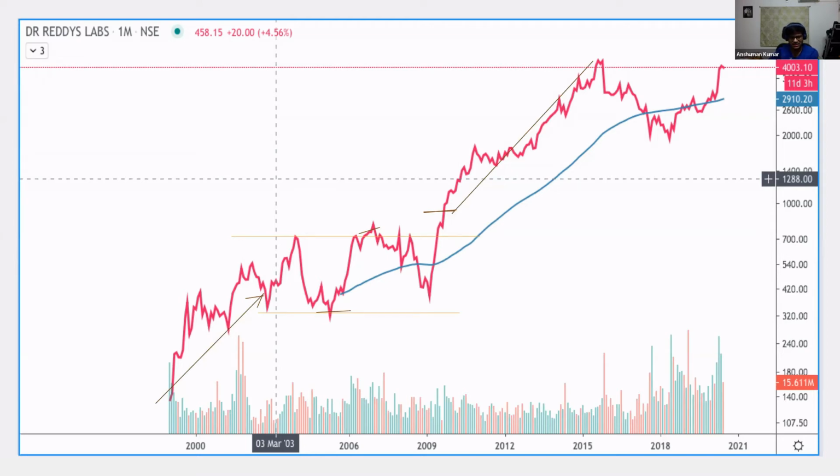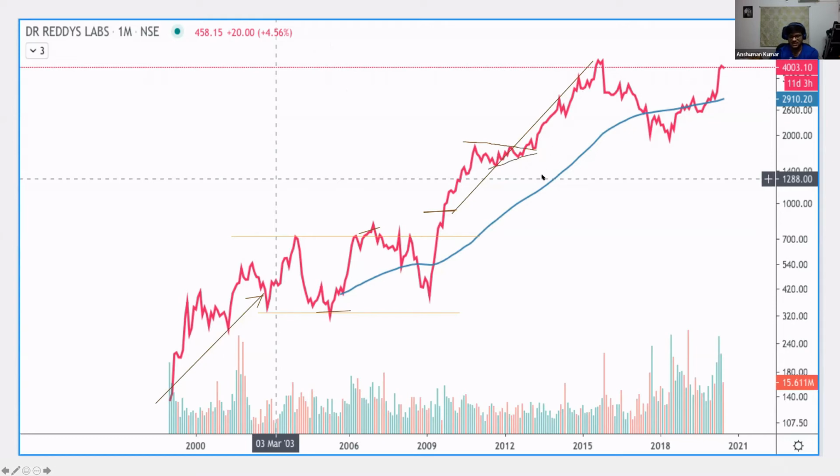So you have a monthly chart where you're having this large pattern, consolidating for, let's say, 5-6 years. But then at the same time, you have a slightly smaller time frame here, just maybe a year or so, where this contraction is taking place.